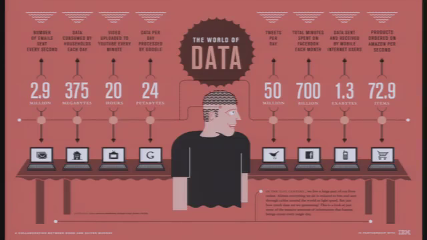The reason I use this slide is really just for one data point right here: Google is processing 24 petabytes of data a day, on the left-hand side. 24 petabytes of data a day.